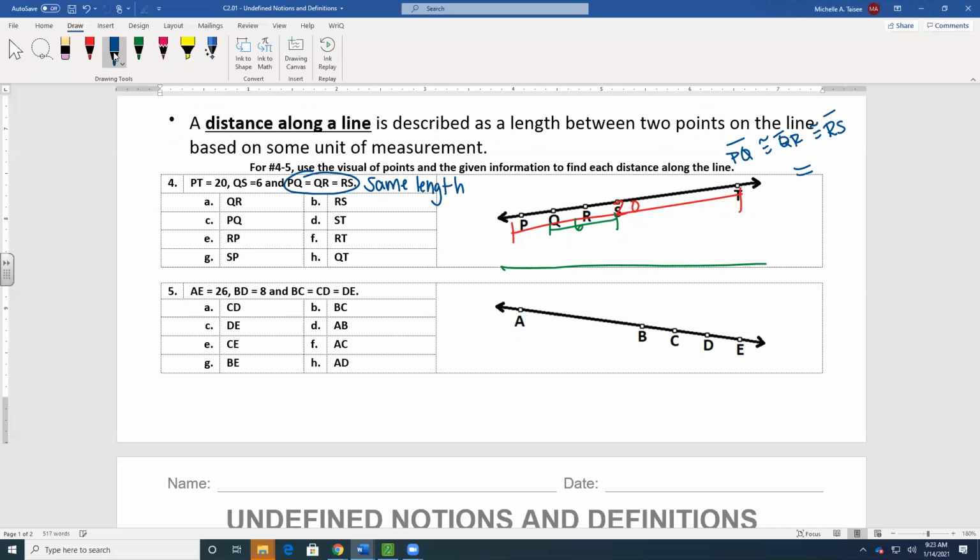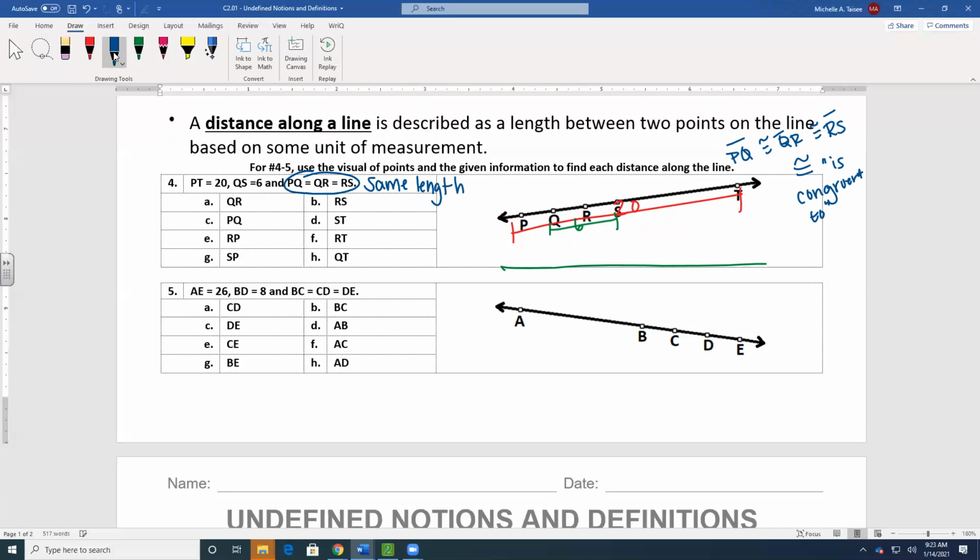So the symbol equal with the squiggle on top, it's called a tilde, means is congruent to. And if 2 things are congruent, they have the same measurement.